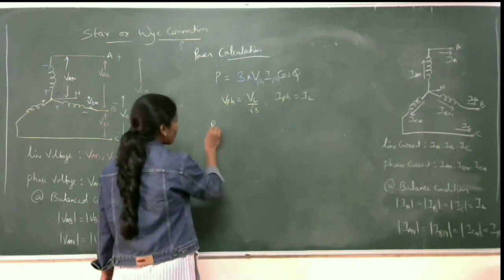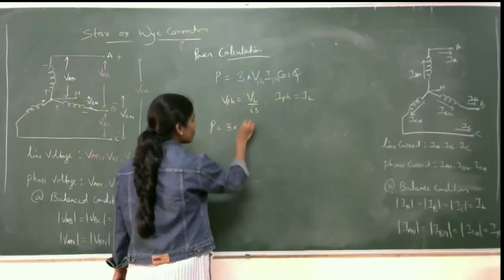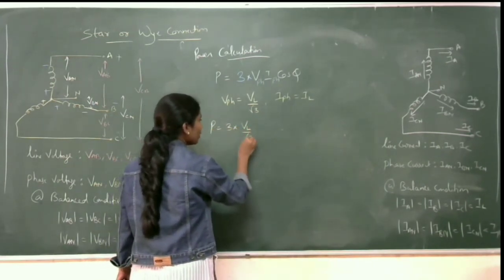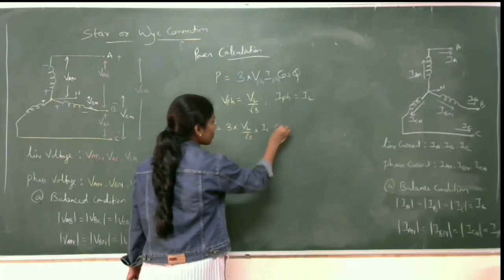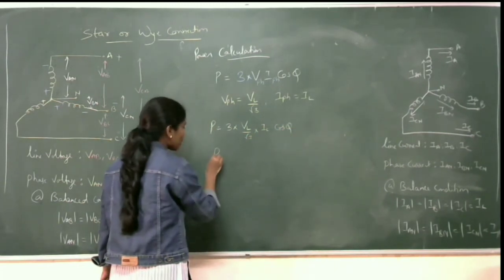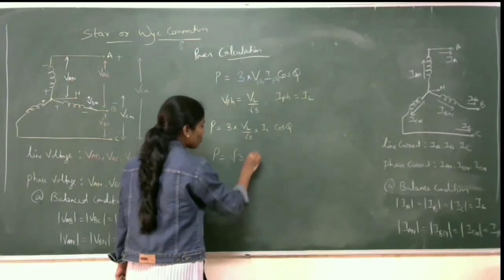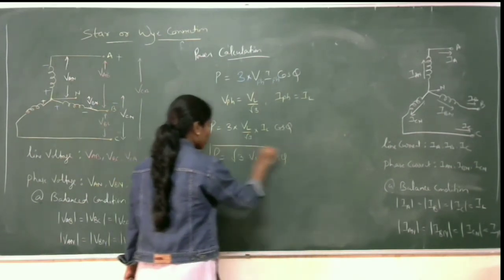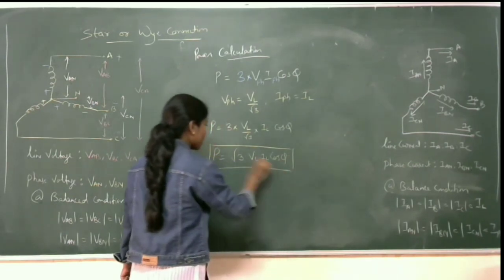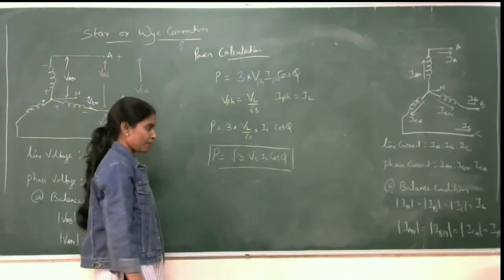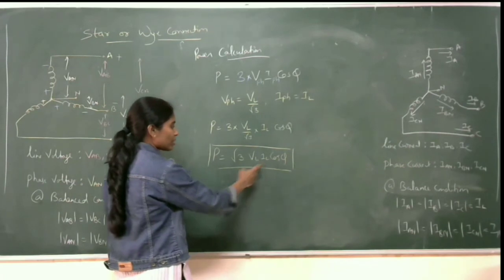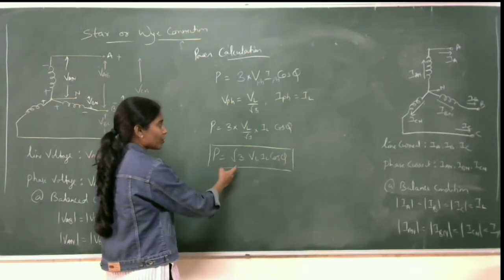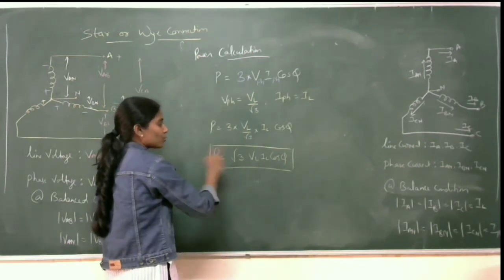So power can be written as 3 times VL by root 3 into IL cos phi. So the relation will come as root 3 times VL IL cos phi. We should remember this formula in terms of line voltage and line current. And when we are using the line quantities, we should have the root 3 term, not the 3 times. This should be remembered.